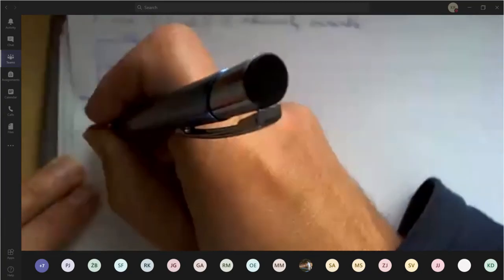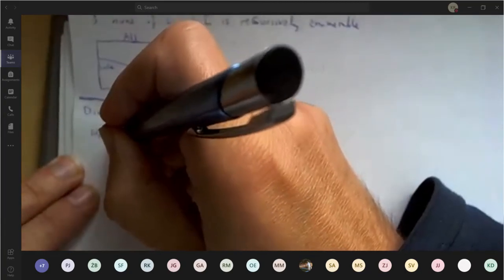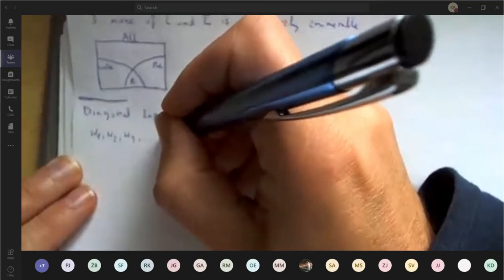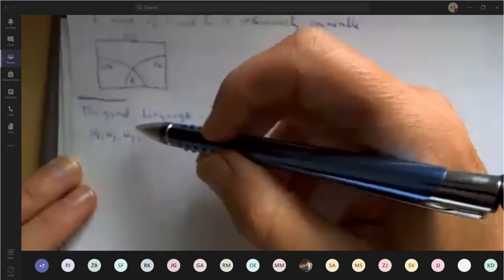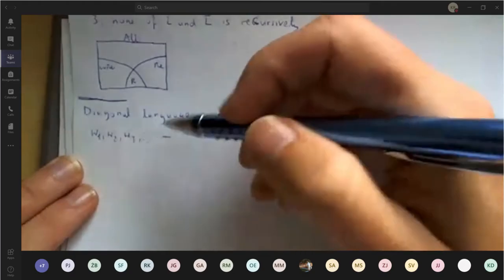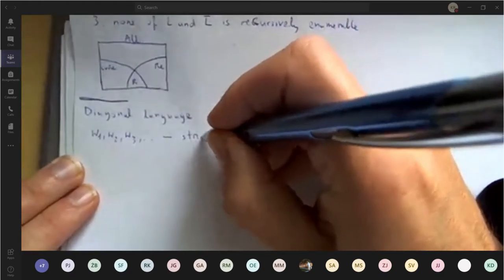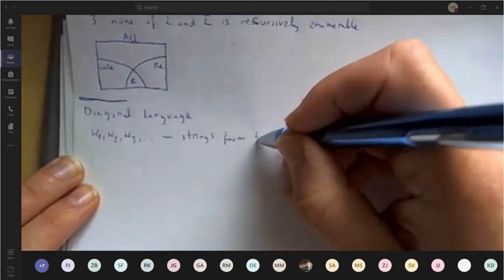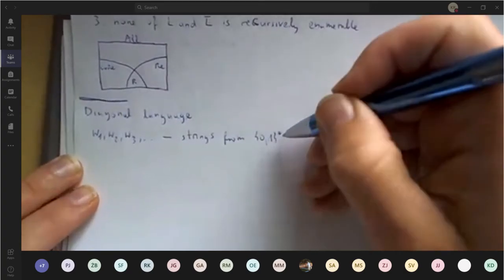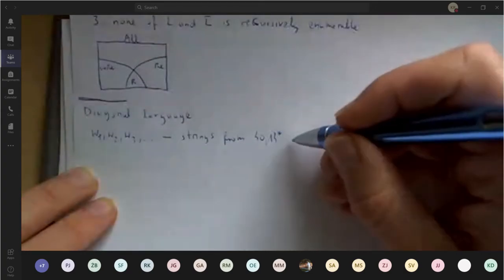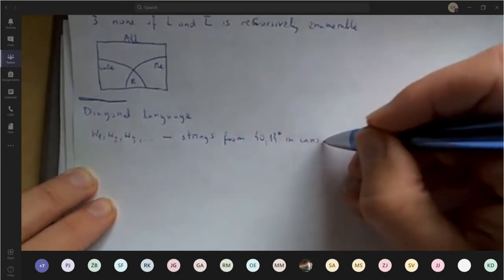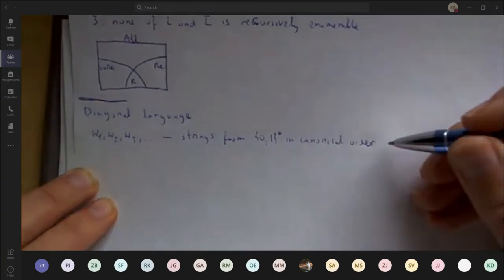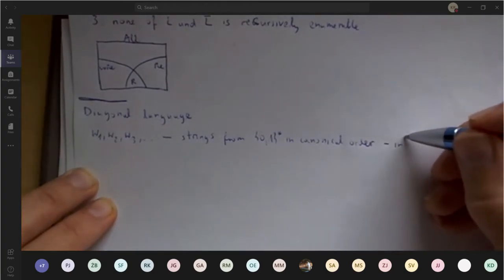In the rows will be strings from the binary alphabet in canonical order, and we will see them as the input strings.